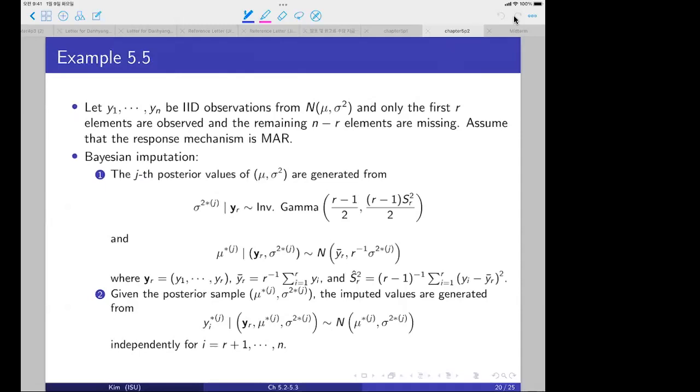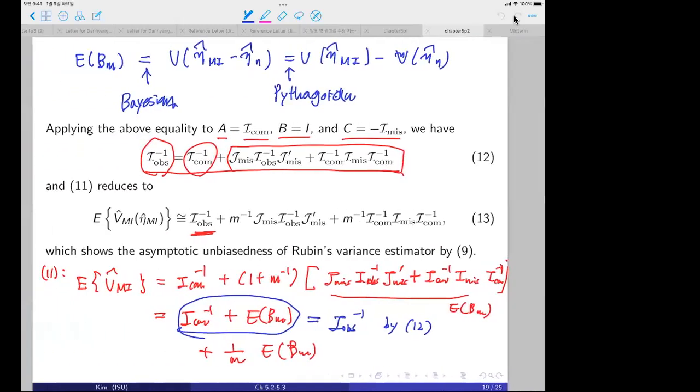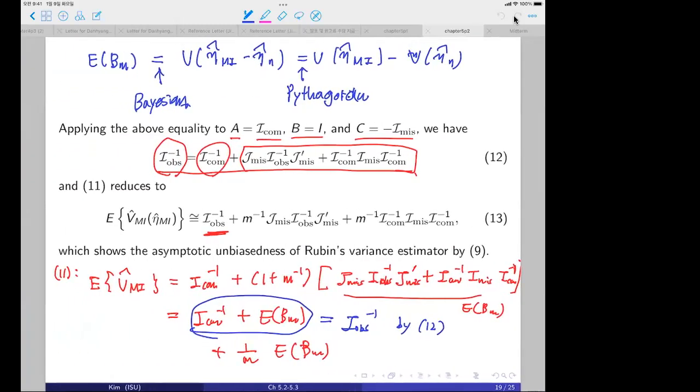Is it okay? Does it answer your question? Yeah. Okay. But which one do you prefer, the multiple imputation or single imputation? Now, the multiple imputation. I think multiple imputation is okay as long as we understand its limitation.